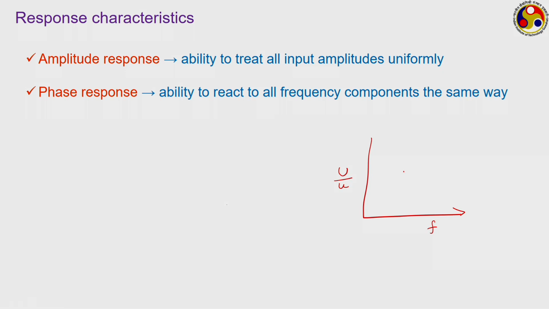You may see that the device has a good phase response over a certain range of frequency, but a very inferior one after that. So again, we should use the device only in this particular range, but not in this range, because for this range the response is poor.